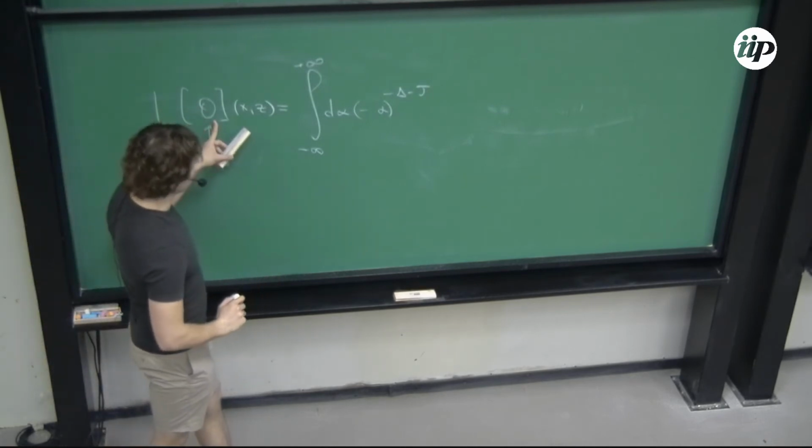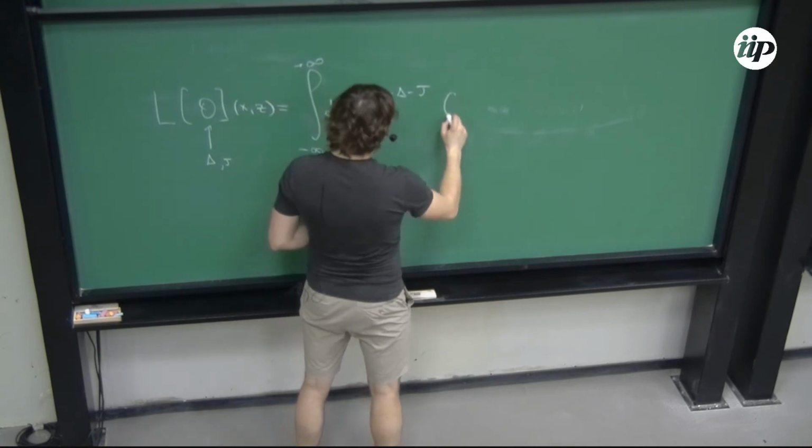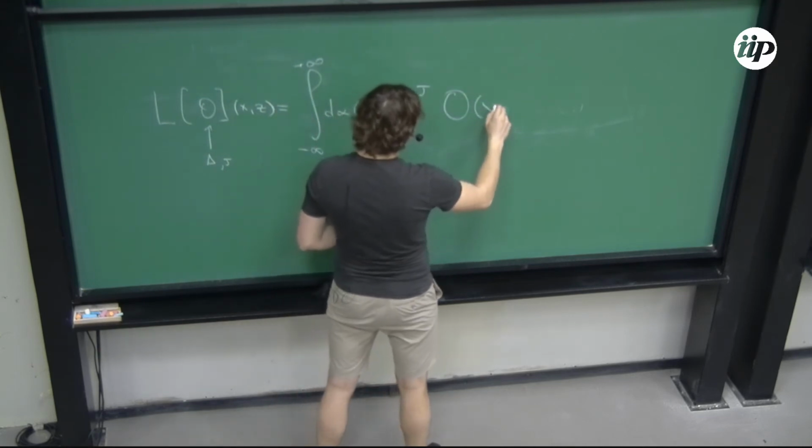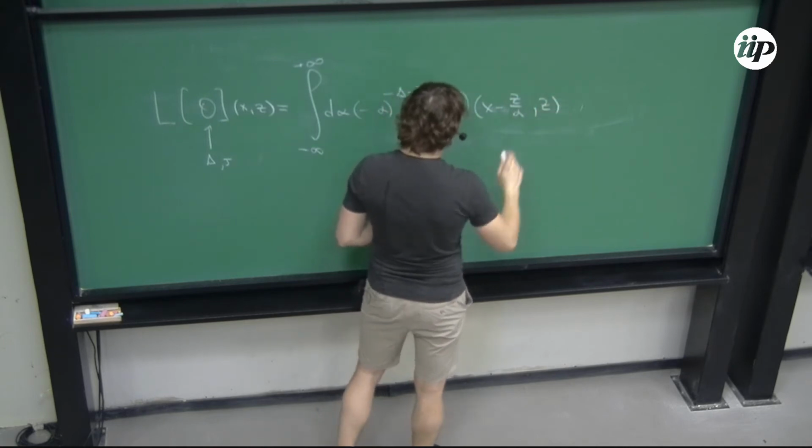It doesn't have to be local, but it is a primary operator. And the thing that we're integrating is this operator inserted at point x minus z over alpha in this polarization z.